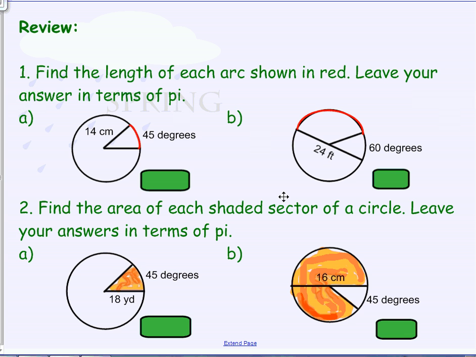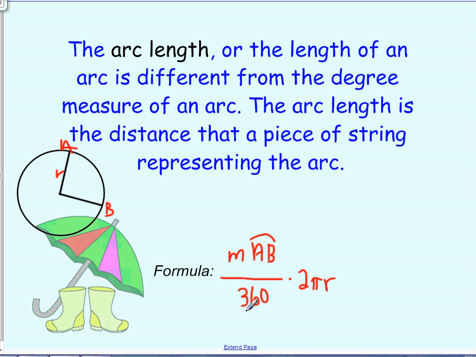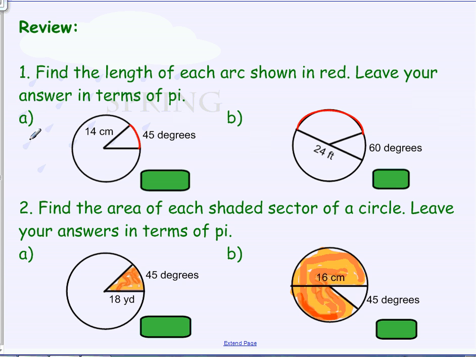All right, so let's do some examples. For example, we have: find the length of each arc shown in red. Leave your answer in terms of pi, which means you don't need to multiply out pi. So in this case, we are going to use the formula we just got, the measurement of arc AB over 360 times 2 pi r. So my measurement is 45 degrees over 360.